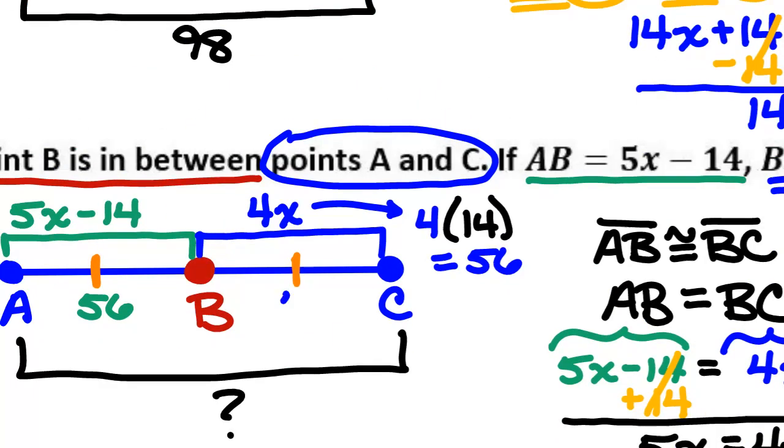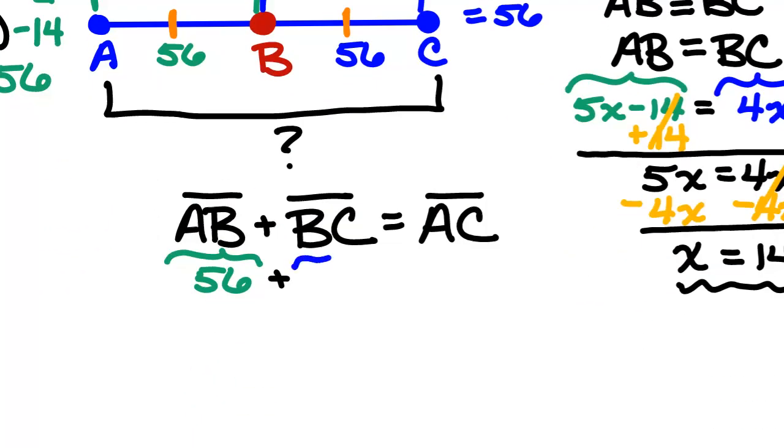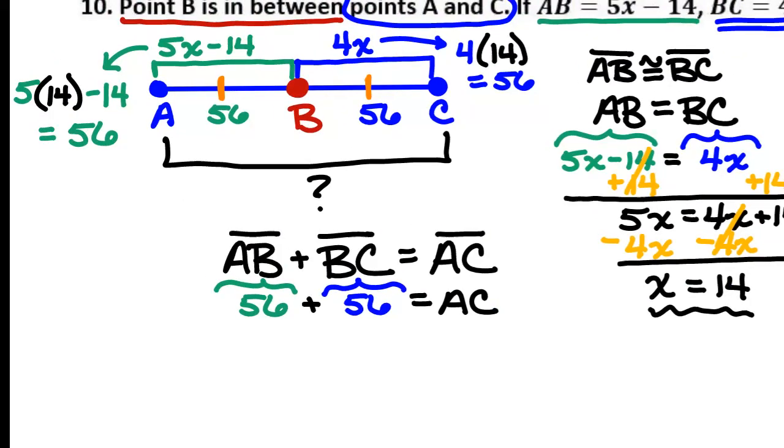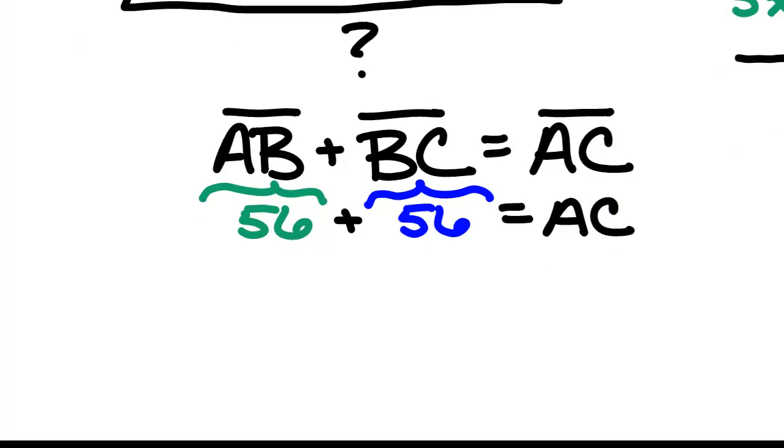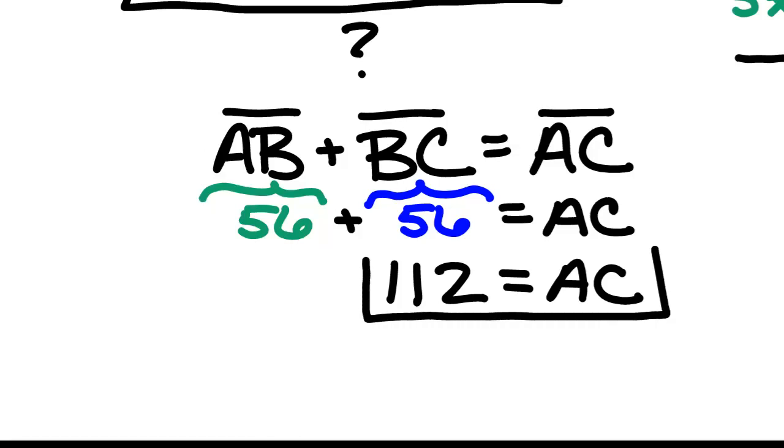Those two segments are congruent to each other. So they came out to be the exact same size. And then I just have to add 56 and 56 together. What is 56 plus 56? 112 is equal to AC.